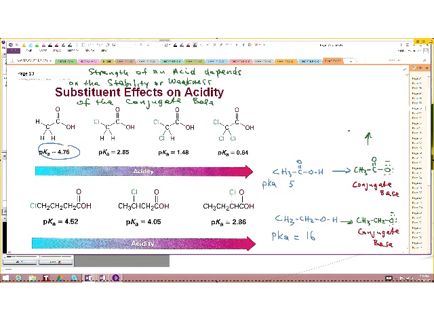This could be stabilized by resonance, in which you simply move this pi electron to here, this goes to here. So this electron pair here is being shared by these three atoms, and that stabilizes that conjugate base.